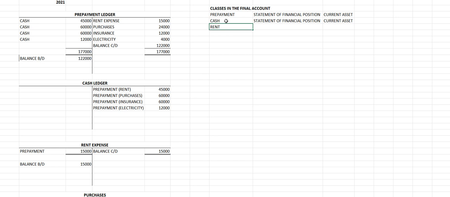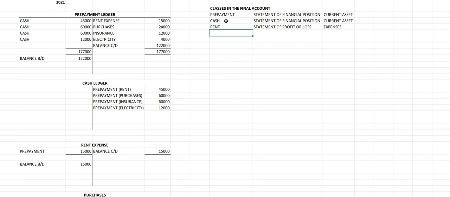Rent is in the statement of profit or loss account, and it is under expense. You can put it under admin expenses or whatever.